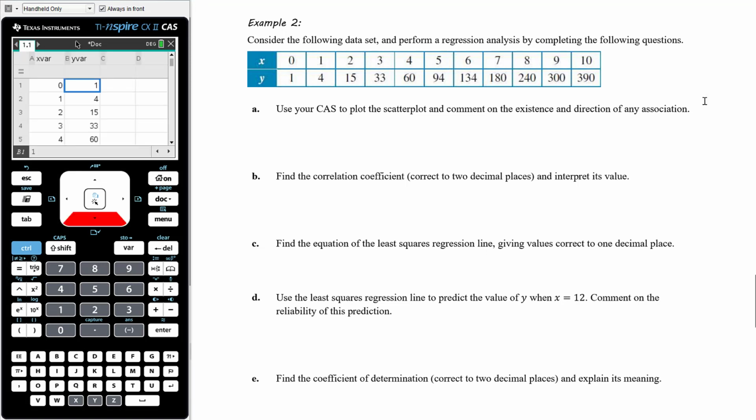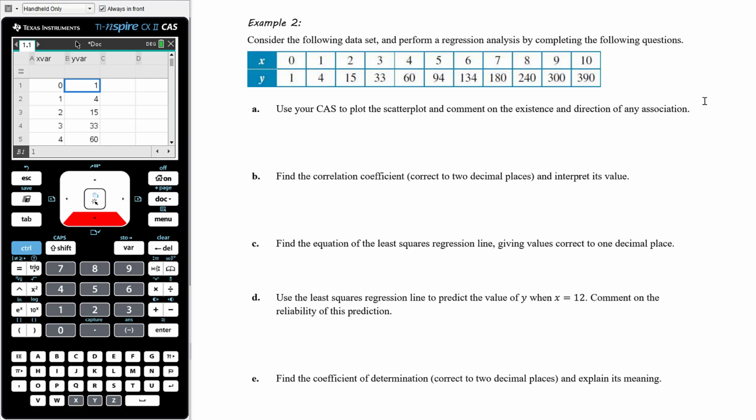Okay, so I've entered the data in, I've given my columns names. Now you'll notice the data here doesn't have any context, we've just been given X and Y, okay? Now I don't want to call my columns X and Y because in the spreadsheet there is already a column X and a column Y and things get very confusing. Equally, there would be issues if I don't start a new document the next day and I'm trying to solve an equation with X in it and it thinks X is a column of data.